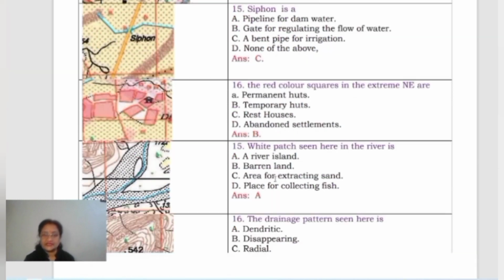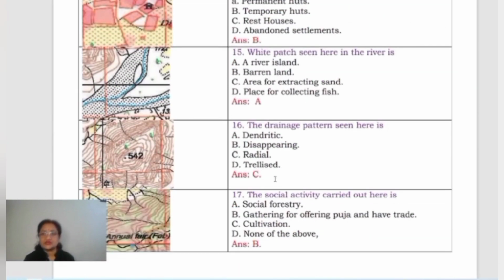Now let's move to the next one. Red color squares in the extreme northeast are, now you can see children, these are not fully filled with red color. Just the outer outline is red, but inside it is not filled. So that means these are temporary huts. This is how we show temporary huts.